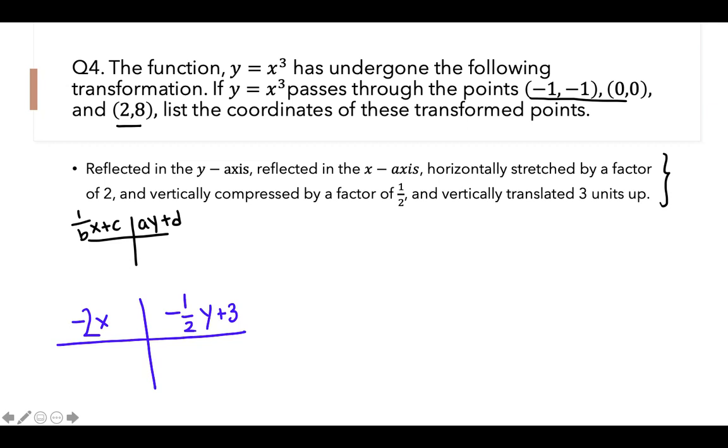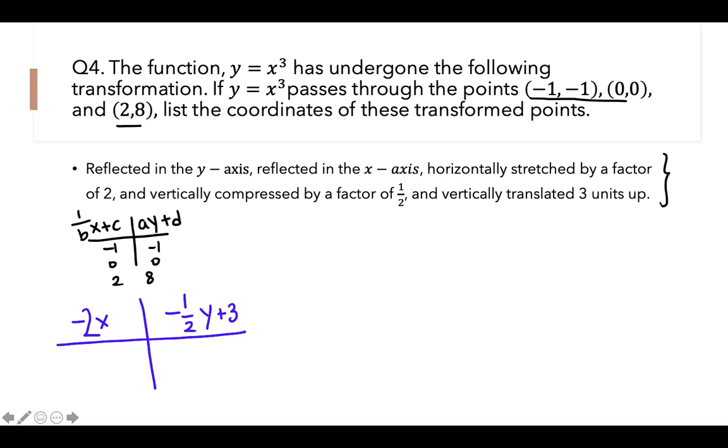Okay. So now what we can do is plug these points into our mapping rule. So I'll be plugging (-1, -1), (0, 0), and (2, 8) into my transformed function.